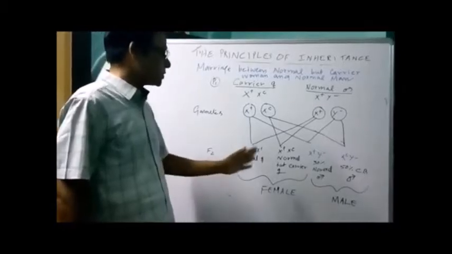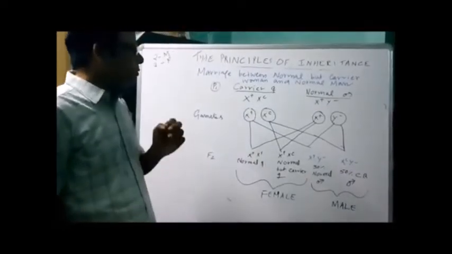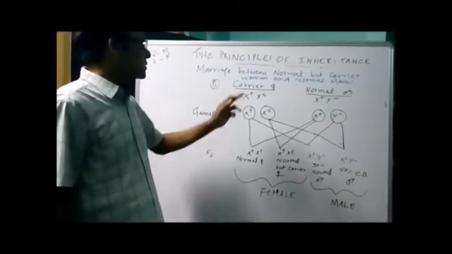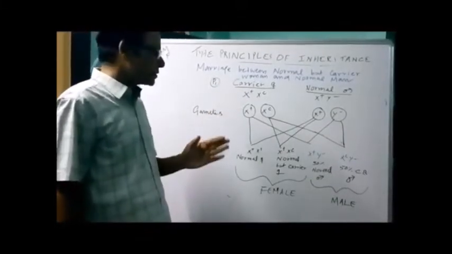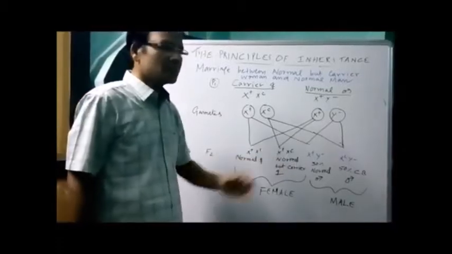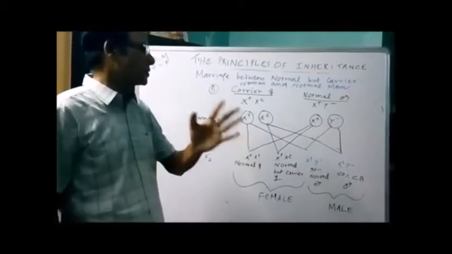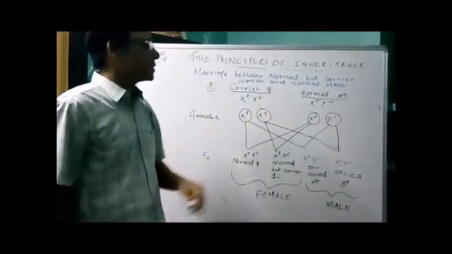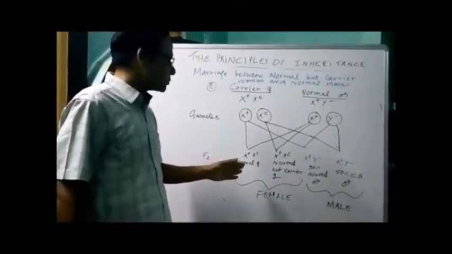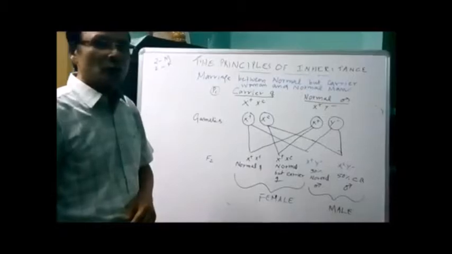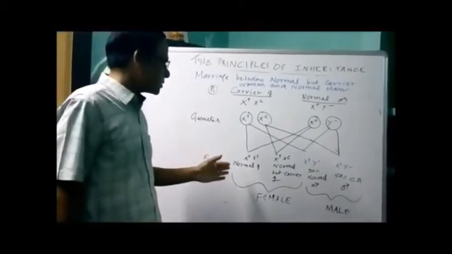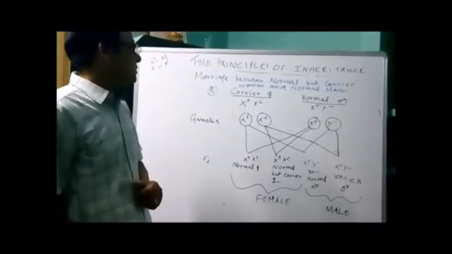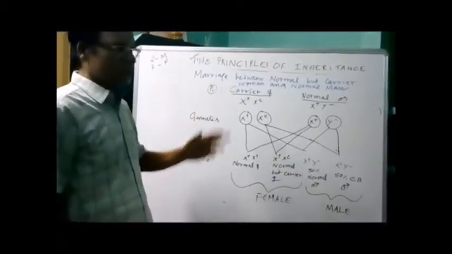You have a 50-50 chance. So how do we keep it in mind? Once carrier is given, we can say easily about the sons, 50% normal, 50% colorblind. Once father is normal, if mother is carrier, no daughters would be affected. All the daughters are normal, but 1 daughter is carrier. So this is about the 2 marriages.